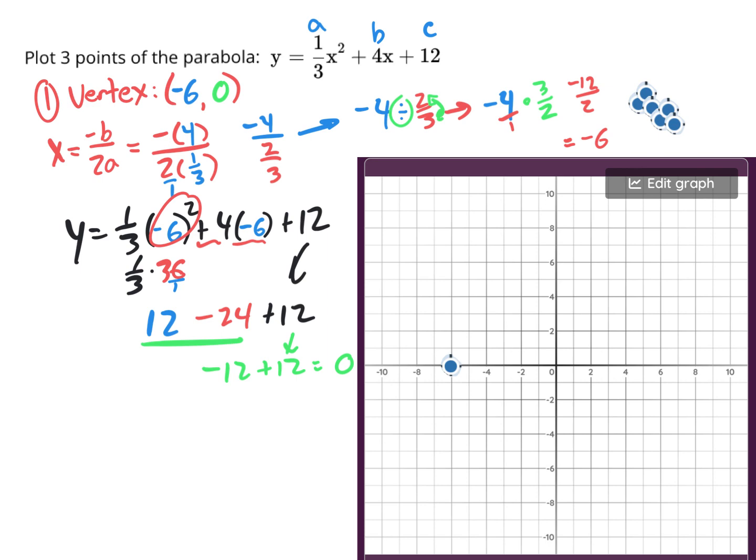Now you need more points. You could use an input-output table, but I recommend using the pattern 1, 1, 2, 4, 3, 9. However, because our a value is 1/3, I'm going to have to modify the outputs, the 1, the 4, and the 9, of the original pattern by that new a value of 1/3.